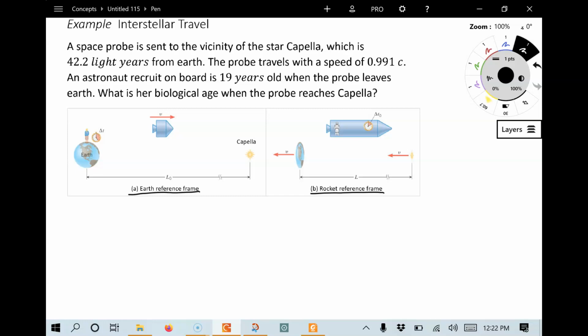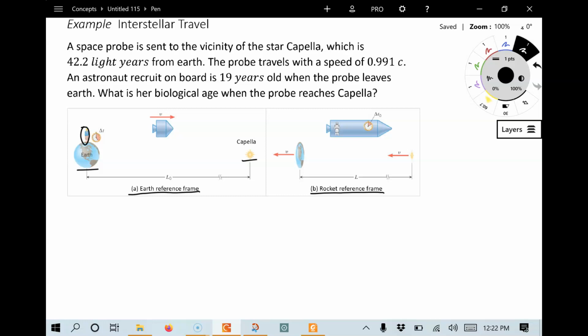Now, when we read this question, it doesn't tell us, but the assumption is that Capella is at rest with respect to the Earth and, of course, with the observer on the Earth. So Earth, Capella, the Earth observer, they're all in the Earth's reference frame.